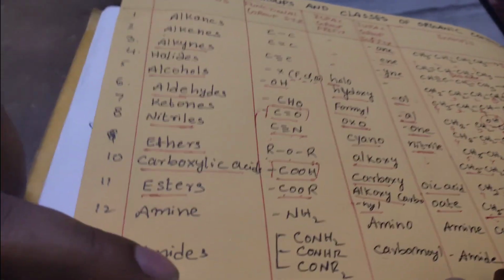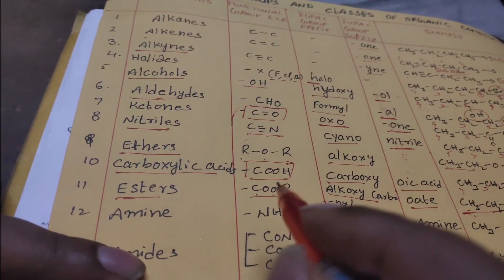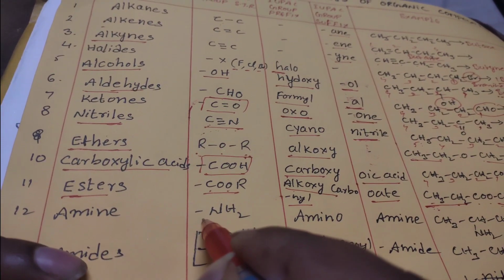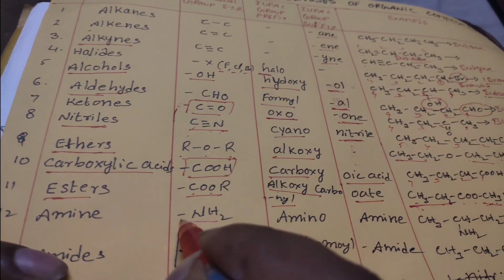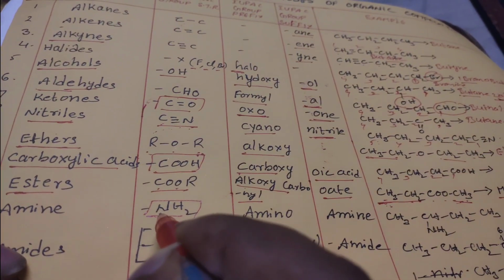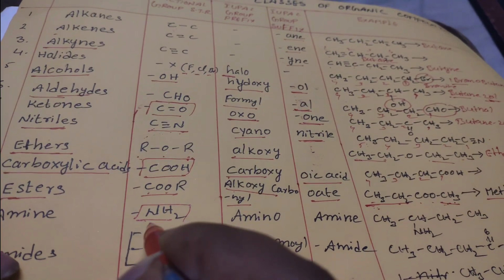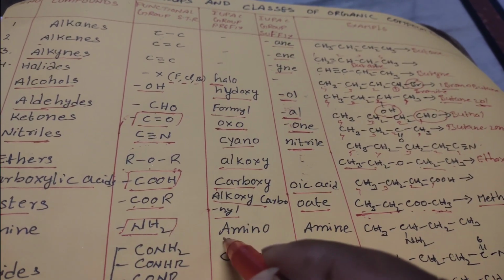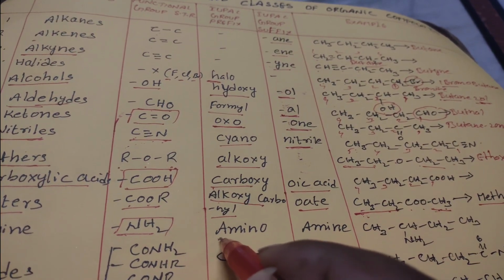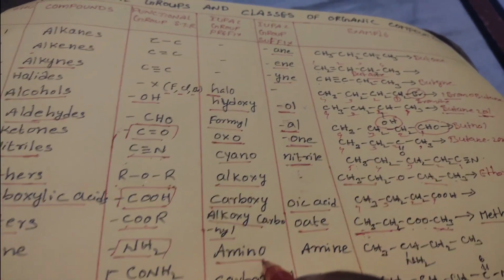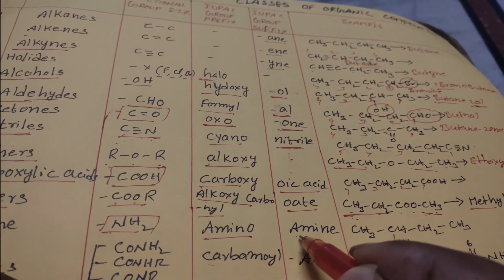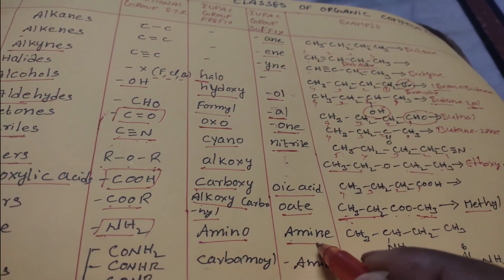And next one is the amine. In the given structure we may find NH2 as the principal functional group, and when the NH2 is present as a prefix, we call it amino. And when it is present as a suffix, we call it amine.